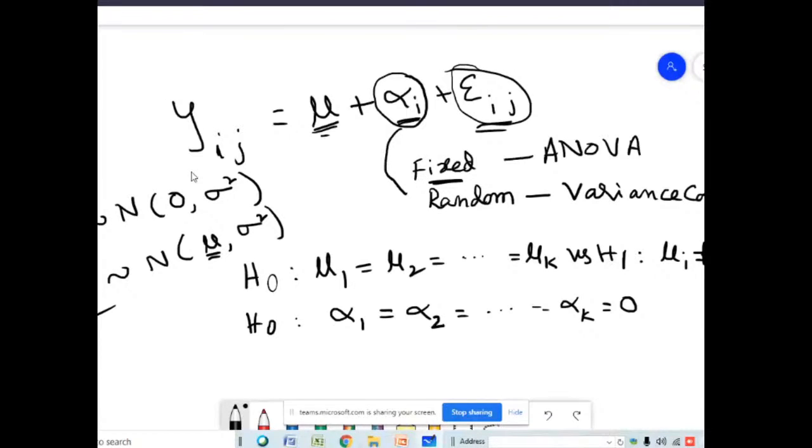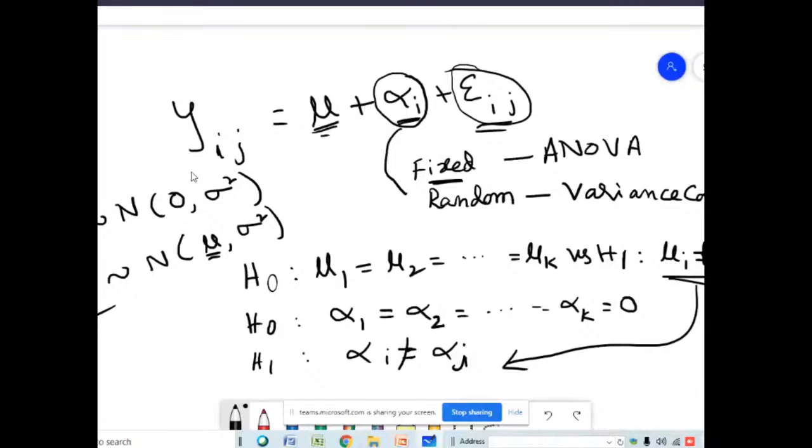If the effect is 0, then automatically the means are all equal. And the alternative hypothesis is that at least some alpha i and alpha j are not equal. Okay, so this is reflecting this part.